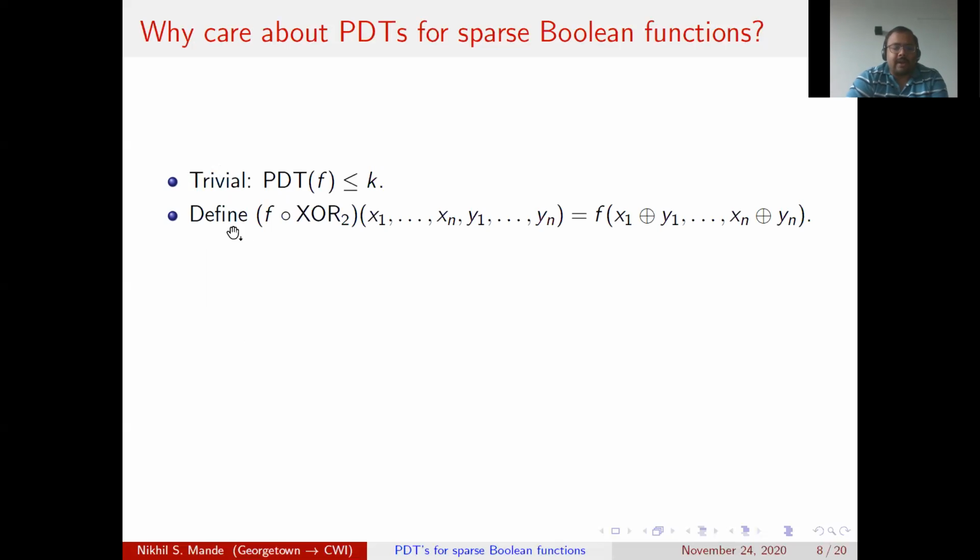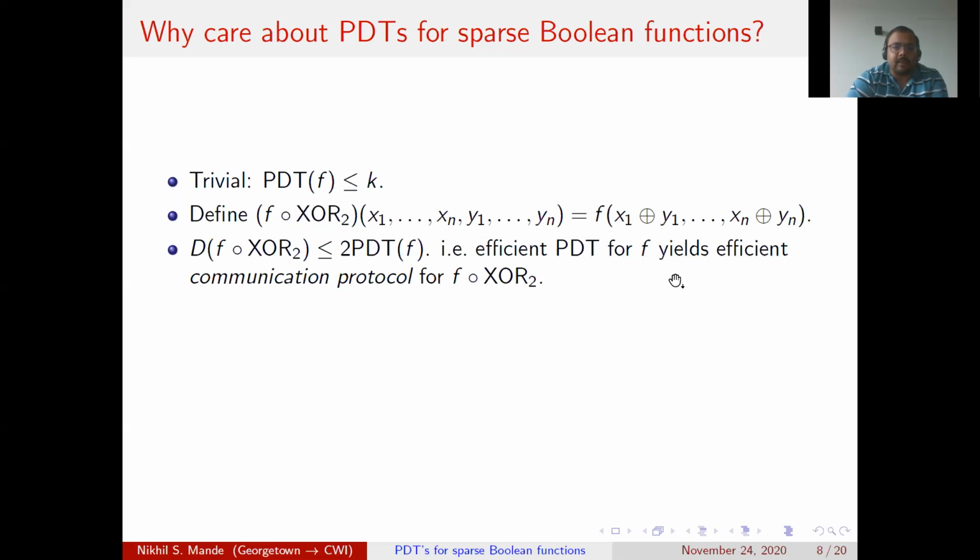Now I'm going to tell you a few bullets about why we really want to improve upon this. So define this XOR function. XOR functions are important in the context of communication complexity. For example, I'm not going to define the model formally here, but very roughly imagine that there are two parties, Alice and Bob. Alice holds an n-bit string x1 to xn.